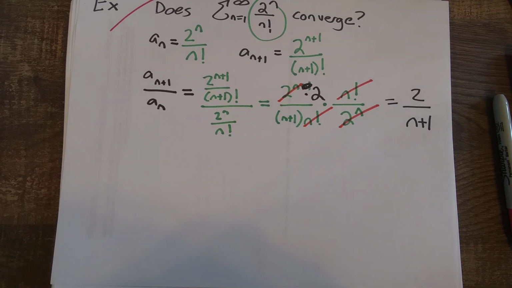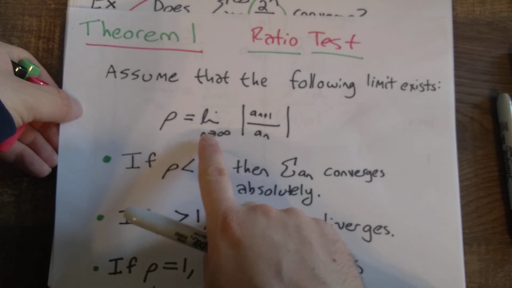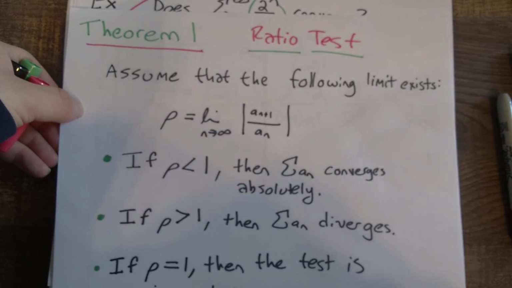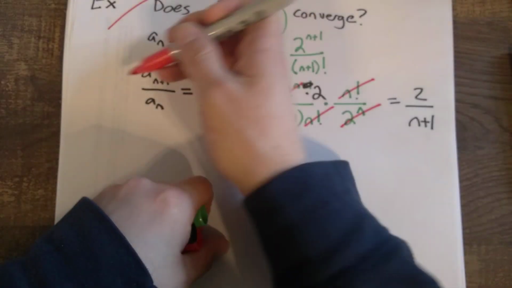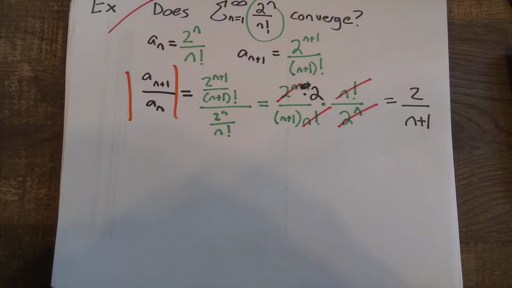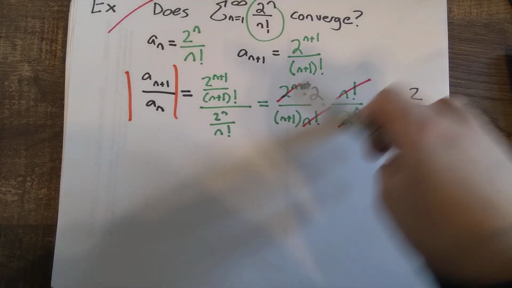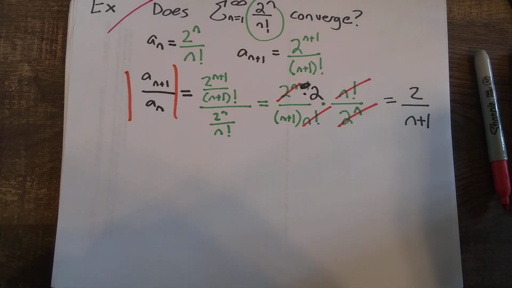Okay, so let's see what's going on. We want to calculate the limit as n goes to infinity of the absolute value of a sub n plus 1 divided by a sub n. If we put absolute values around this whole thing, everything in sight is positive, so it's still 2 divided by n plus 1.